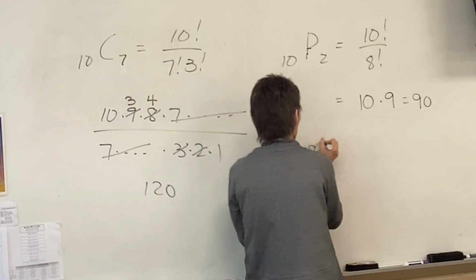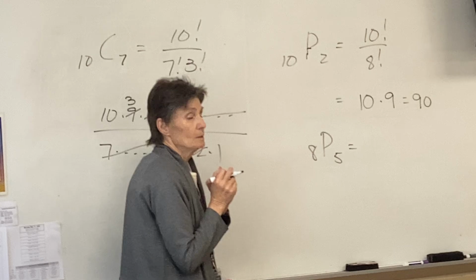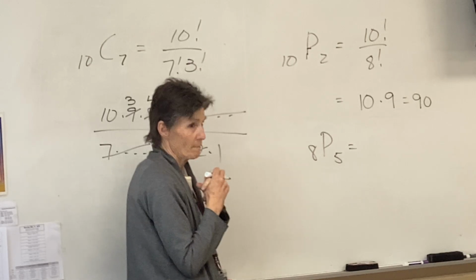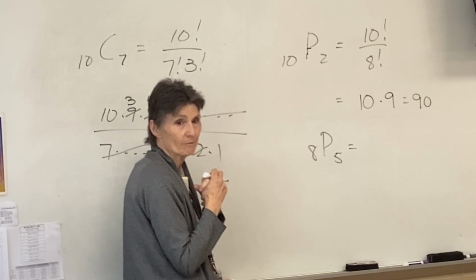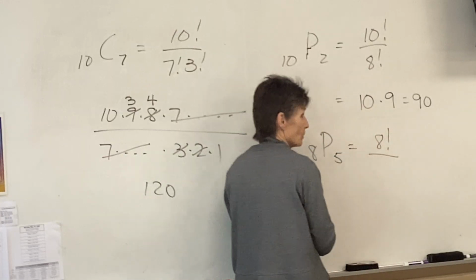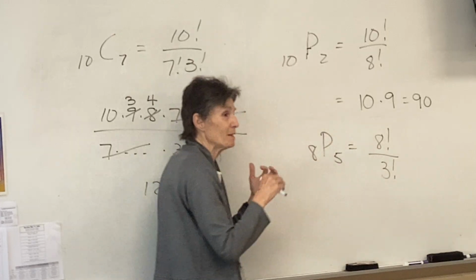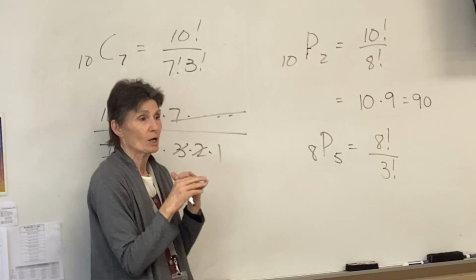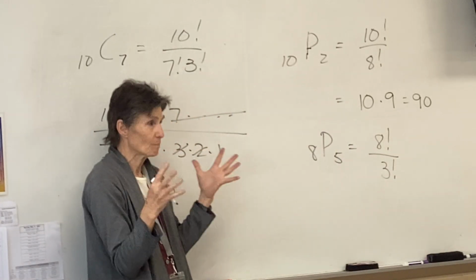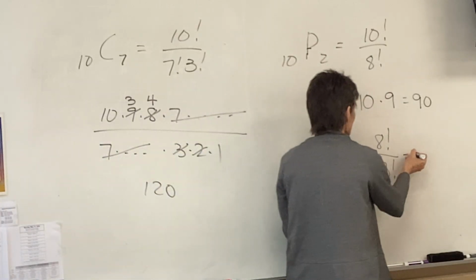All right, 8P5. This one's going to be a little bit bigger. What's our formula for 8P5? 8 factorial over 3 factorial, just the difference. Remember, the P's are over just the difference. That's one thing to remember. So this one's going to be a lot.